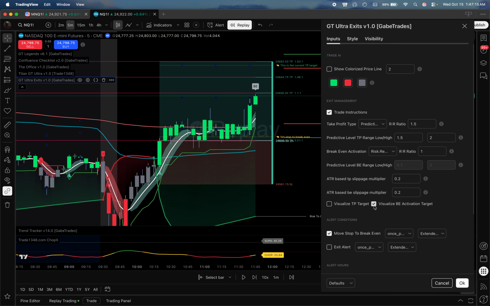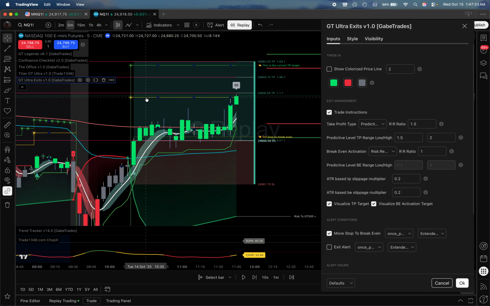And let's visualize this. This visualization is only available when this is set to predictive levels or risk to reward ratio. Essentially, this is where my 1 to 1 is, this yellow line. And when price action reaches this yellow line, I get this break even signal, which is asking me to move my stop loss here to break even, assuming I took my entry when this trade design closed.